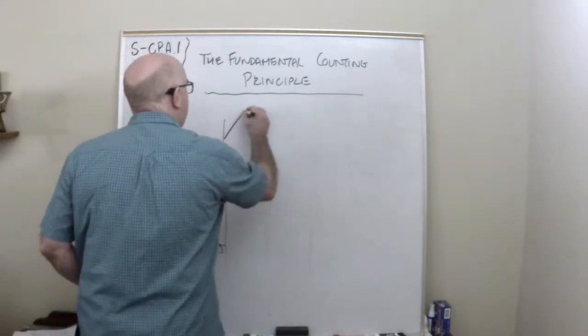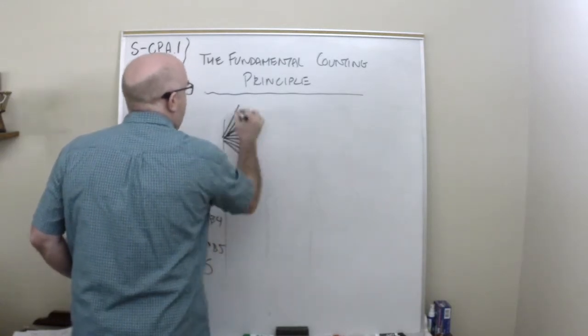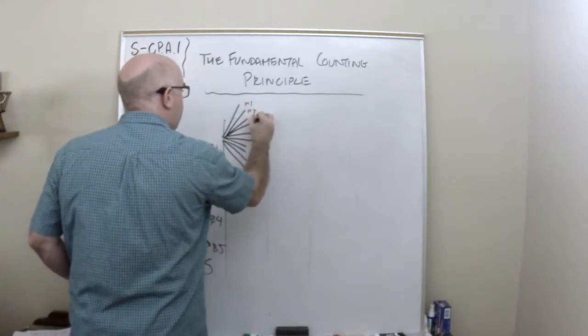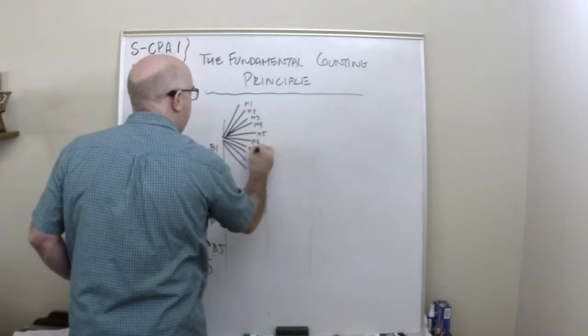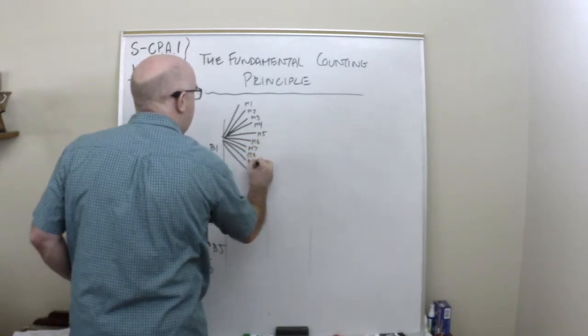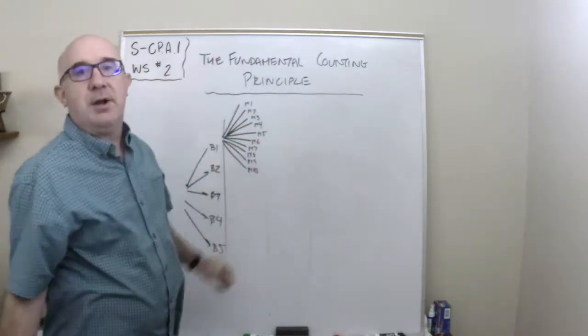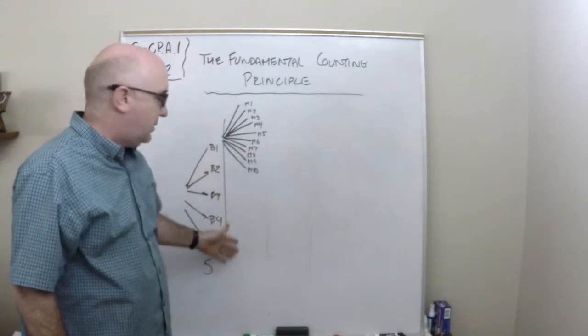Now, I'm not going to do the whole thing. 1, 2, 3, 4, 5, 6, 7, 8, 9, 10. There is meat 1, meat 2, meat 3, meat 4, meat 5, meat 6, meat 7, meat 8, 9, and 10. Now, imagine that on each of those.